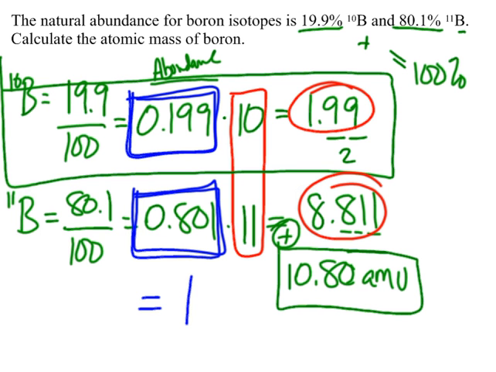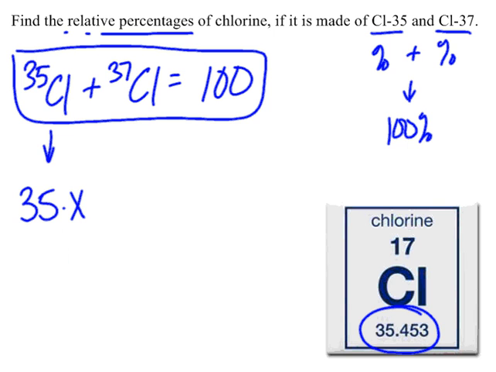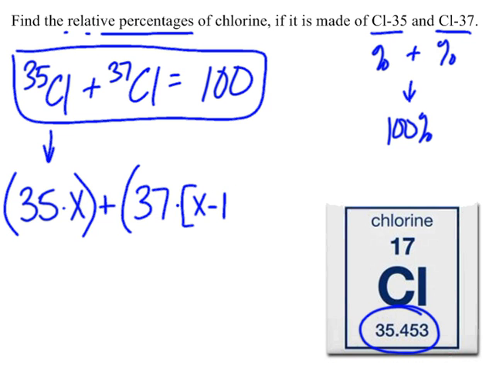Another way to write that is 1 minus 0.199 is 0.801. So here I'm going to have 35x, and then I'm going to add 37 times (1 minus x), because that represents the abundance of the remaining isotope.